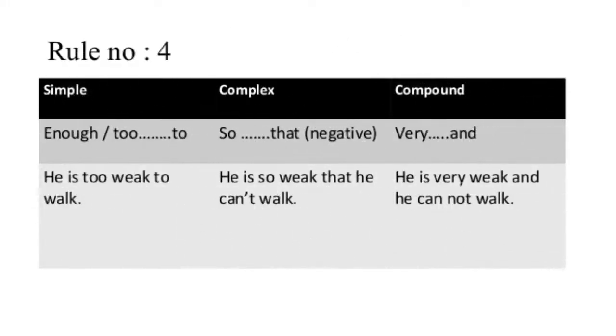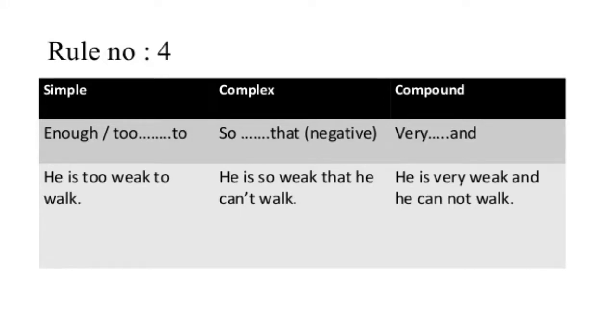Children, look at rule 4 here. In simple, you have to use enough or too. In compound, you have to use the coordinating conjunction very and. In complex, you have to use so that. So children, in negative. See here in simple, look at the example sentence given here: He is too weak to walk. It is a simple sentence. In compound, you have to add very and.